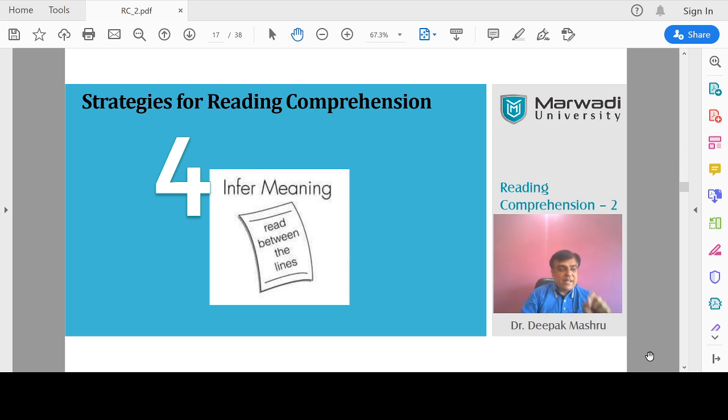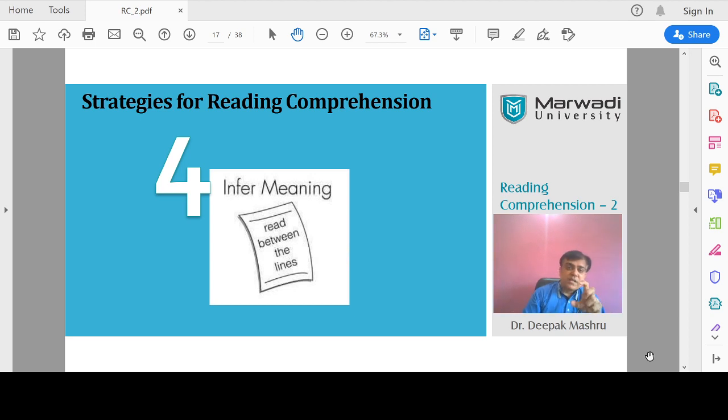Jokes apart, here we talk about reading. There is a hidden agenda of every author for writing a paragraph. There are certain times we cannot tell things publicly.